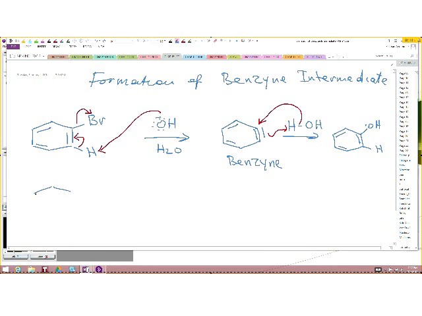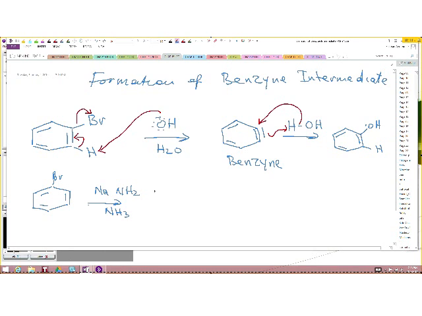You could perform the same reaction using sodium amide in ammonia.